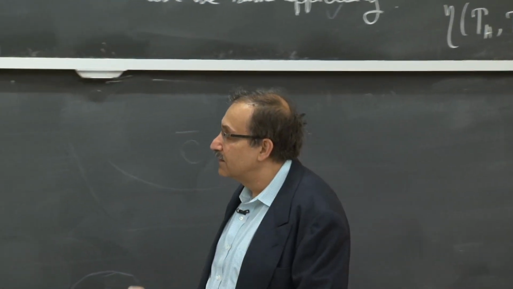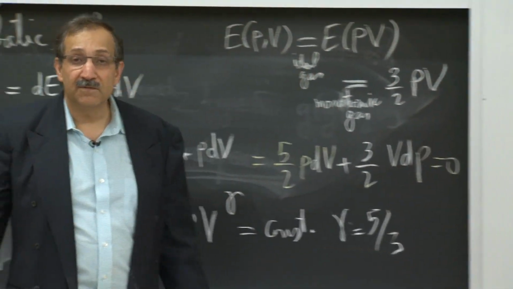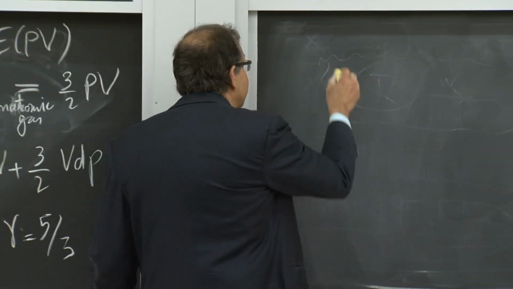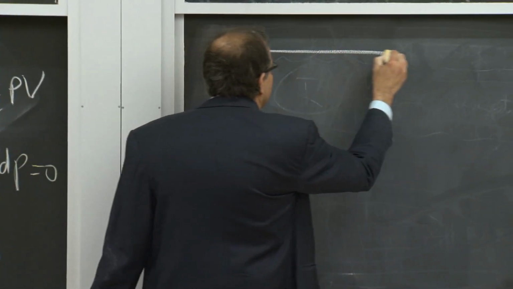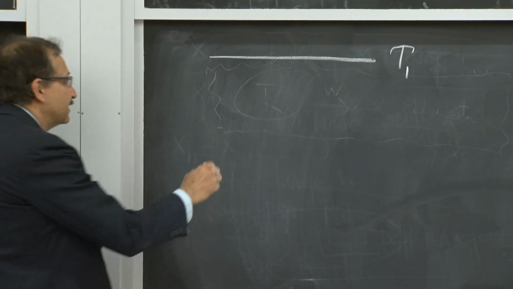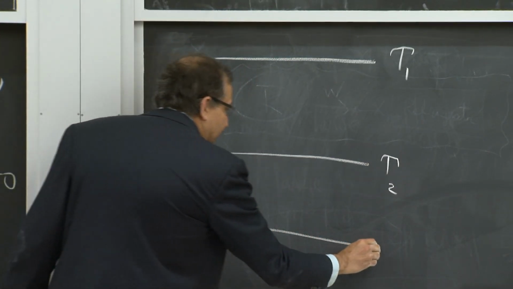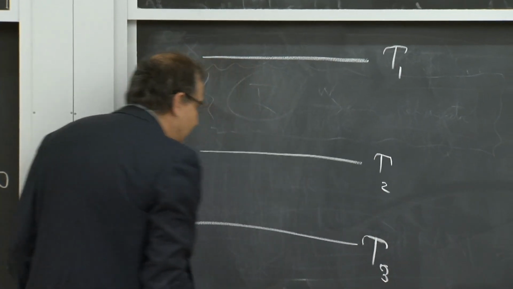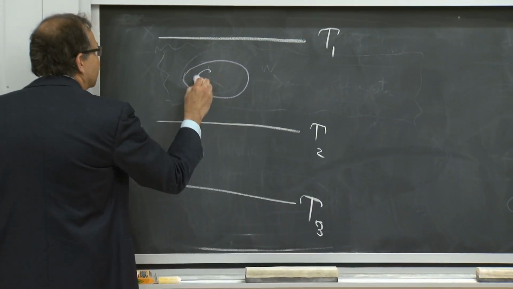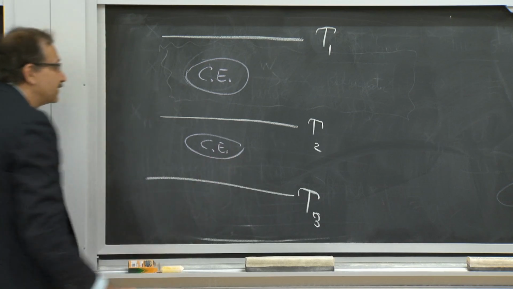And I can see what those properties are by putting a couple of these engines in series. So let's imagine that we have a structure where I have a highest temperature T1, an intermediate temperature T2, and the lowest temperature T3. And I put one Carnot engine to operate between these two temperatures, one to operate between these two temperatures.